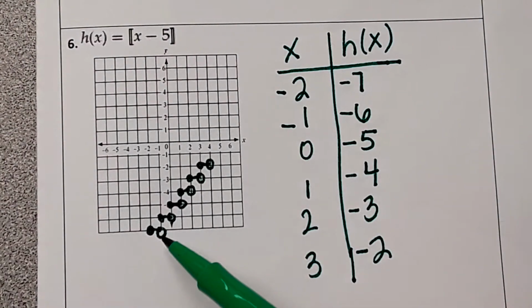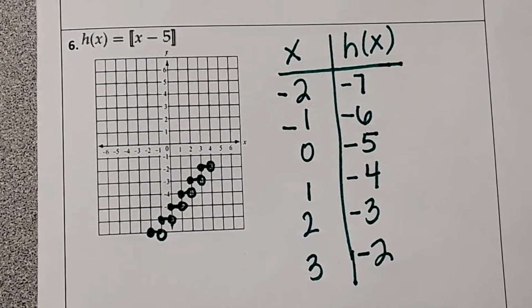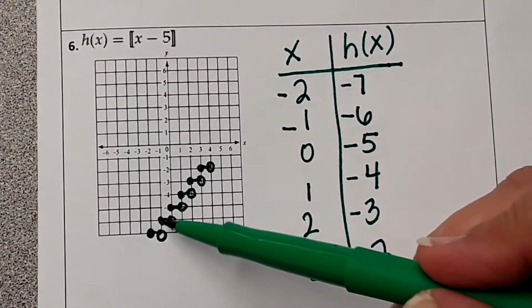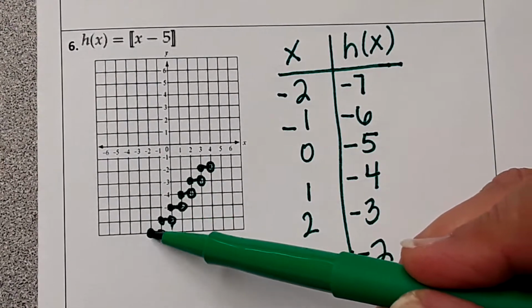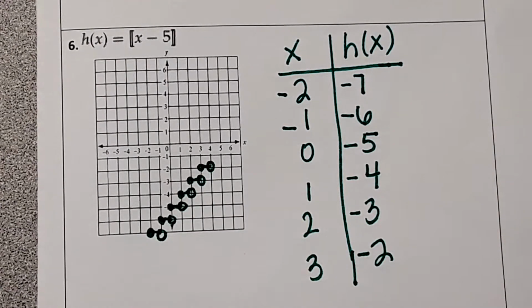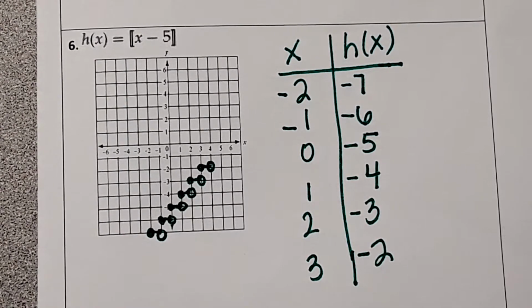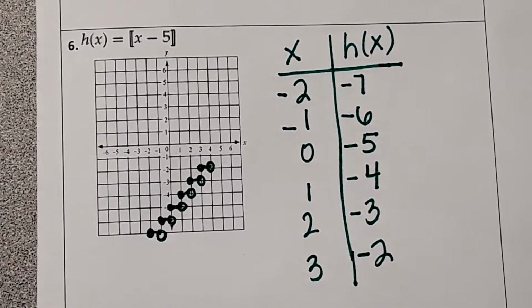And the reason that that's an open dot is because it takes over at the next step. Like on this step, -6 takes over. Here, -6 is not part of it. It takes over in the next step. So it's a step function, and we don't include any fractions or decimals. You only take the integers. That's why it's called a step function. And it looks like a line, but there's steps. So you can only do this much in between.